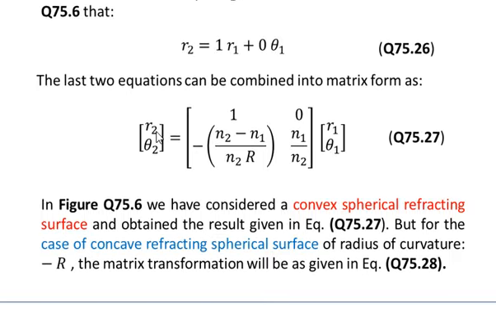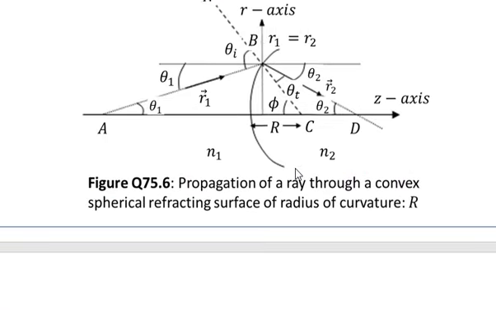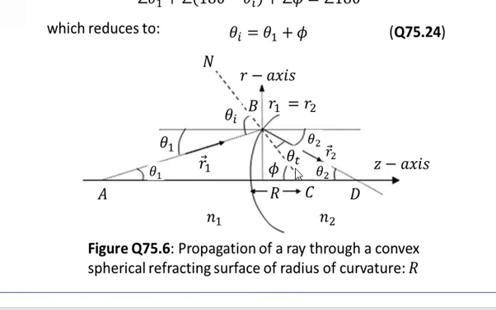On the left hand side we have the matrix with unknown quantities R2 and theta 2, and on the right hand side we have the matrix which has elements 1, 0, then minus (n2 minus n1) over n2 into capital R, and the last element which is n1 over n2, and then the other matrix which has known variables R1 and theta 1. So this is the matrix representation for the case of a convex spherical refracting surface.